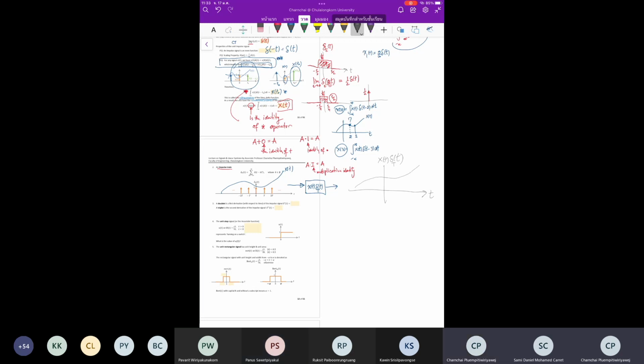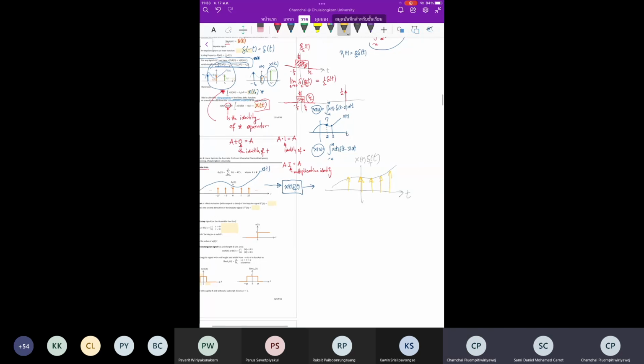It's going to be a signal like this. Actually, it's just another impulse train, but the height is different. The height will be different according to x of t.